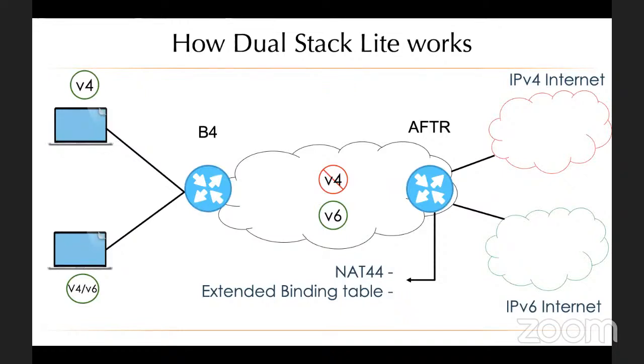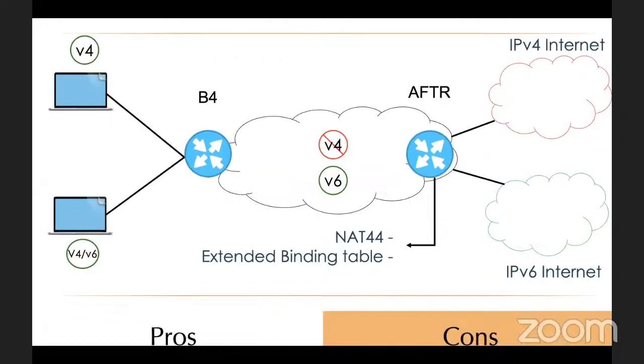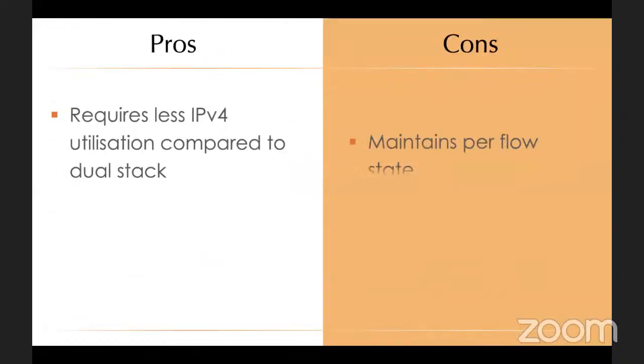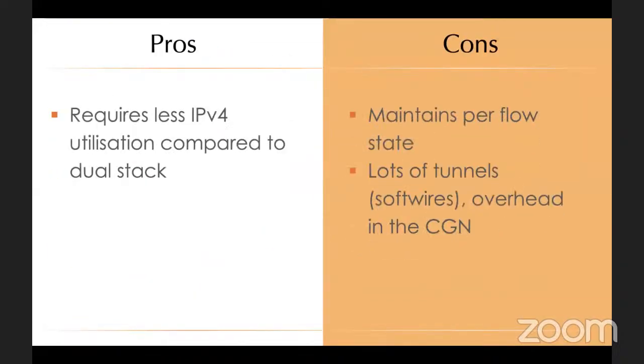So the interface on the B4 connecting to the IPv6 provider's network is IPv6 only. So the extended binding table will have the v6 address of the CPE. It will also have the source IP, destination IP, source port, destination port, and protocol, for each and every flow that is happening. So that's why the logging requirements are very high for DualStack Lite.